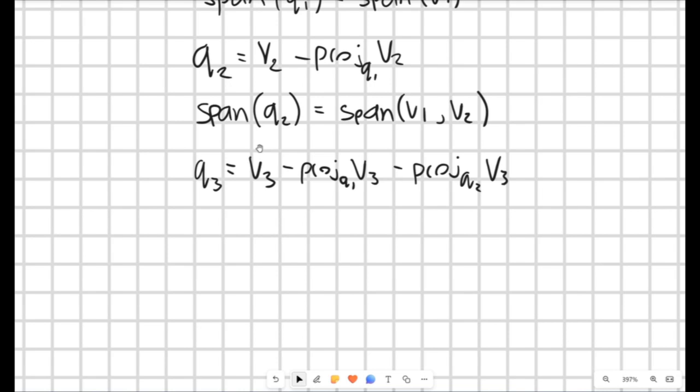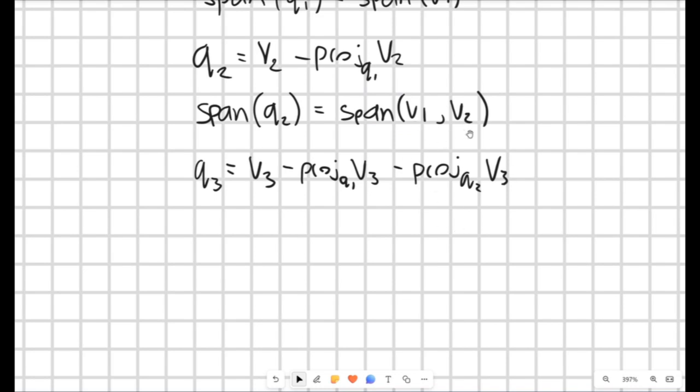Okay, so obviously there's a component of V3 in Q3. We have a projection again onto Q1, which is equal to V1. So we have a component acting in the V1 direction, if you like. Then we also have a projection onto Q2. But we already know that Q2 can be expressed as a linear combination of V1 and V2.